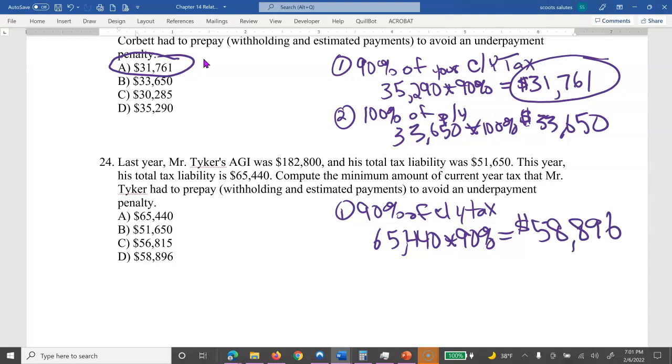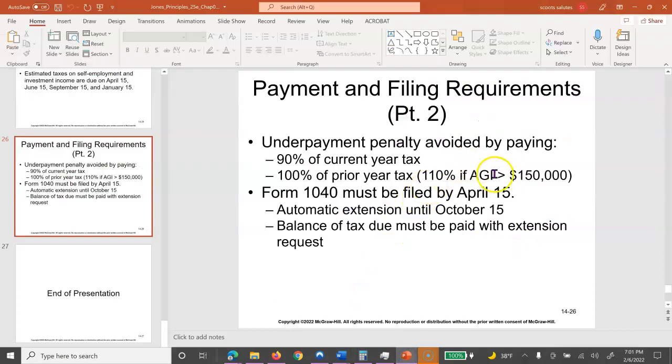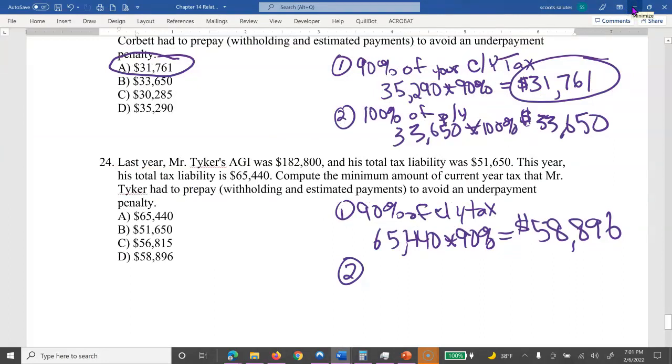Then for the second, we're going to look at the prior year. In this case, AGI was 182,800. You can probably guess that's one reason I put that on here, so we understand that since we're over 150,000, we take last year's tax and multiply it by 110%. Last year's tax was 51,650.